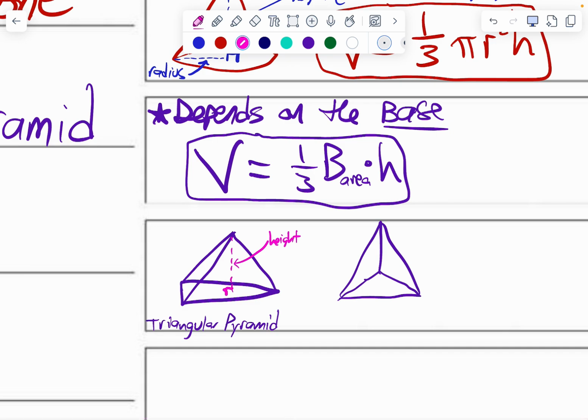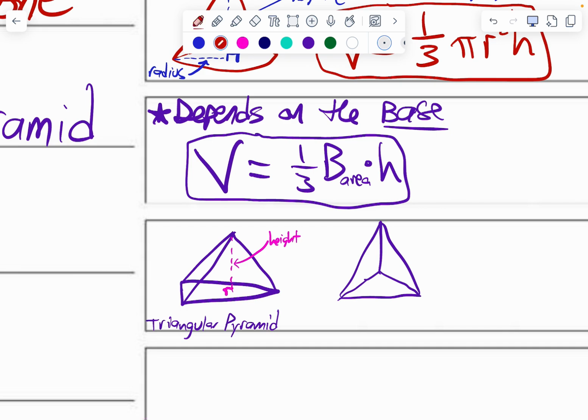Area of a triangle: 1/2 base times height. Uh-oh. We need an area of this base, which is 1/2 base times height, and we need a height of the pyramid. That's another height. Do you see how that could get confusing? Okay, so keep it clear. Are we talking about the height of the triangular base or the height of the whole pyramid?